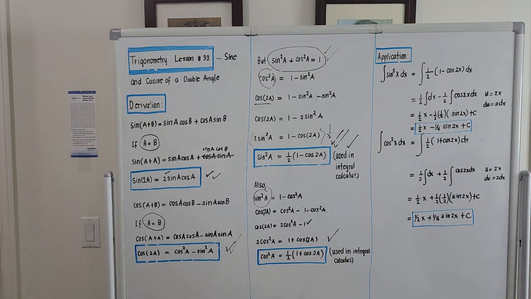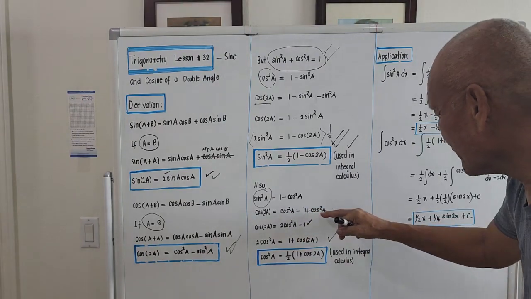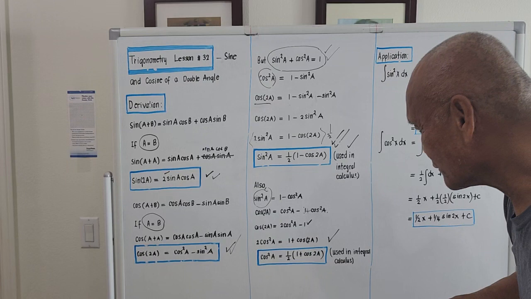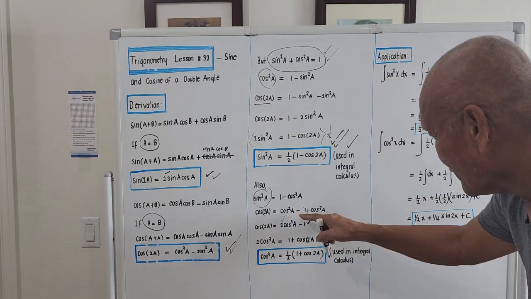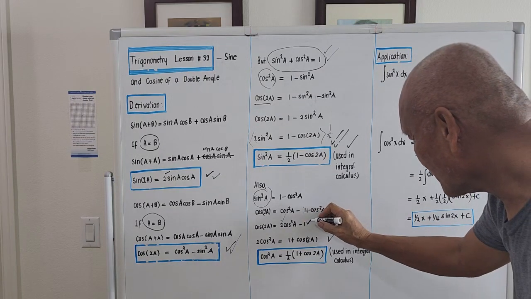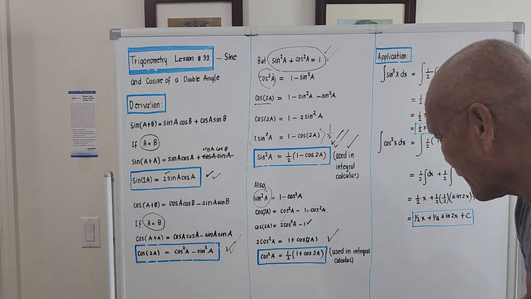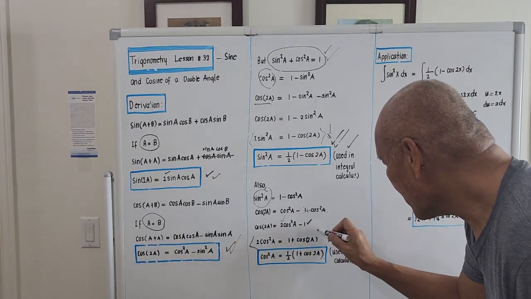If we try to take note of the right hand side, this is cosine square of angle A, this is plus cosine square of angle A. They are similar terms, so this is now twice, right? The pure constant on the right will just be simply minus 1. Solving for cosine square of angle A without the 2 here, we multiply all terms by 1/2.